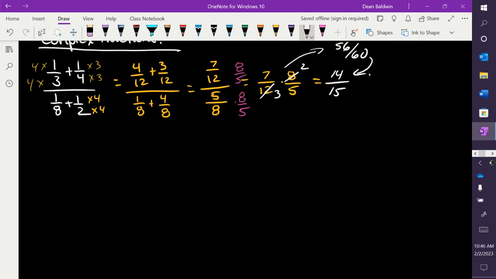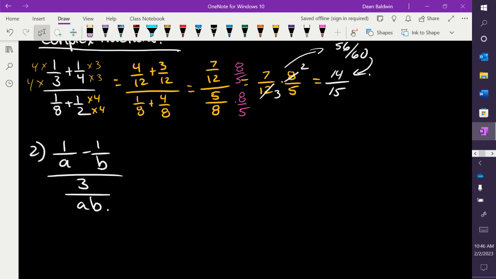So now we're done with numbers. One over A minus 1 over B over 3 over AB. What do we do? Which is AB. So the technical way is you go, I multiply this by B, or sorry, by A, and B, right?